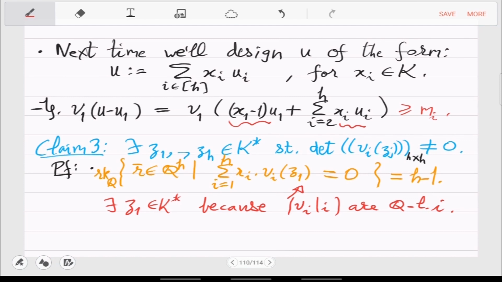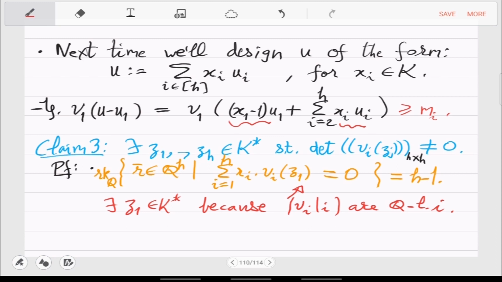See, suppose for all the Z1s in the function field, the rank of this is always maximal, which is H. What would happen? This should just be linear algebra. I think you should think of Vi, the function, as a vector evaluated on all possible Z1s. Think of it as an infinite vector.